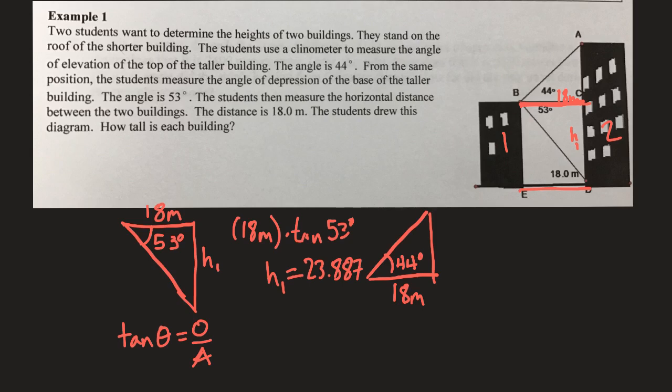And then we do something similar over here. So I'm going to go ahead and write H2. So H2 on this triangle is the opposite of our angle given, and we are given the adjacent. So once again, we're going to use our tangent of theta is equal to opposite over adjacent.